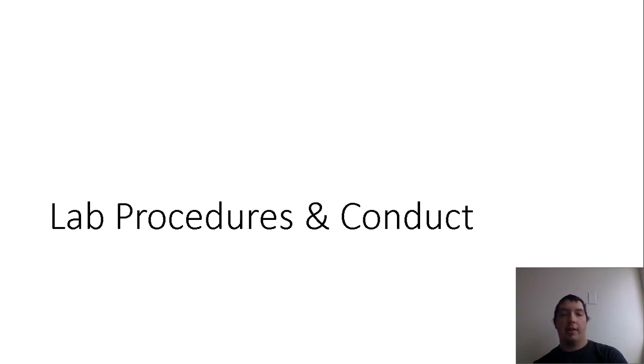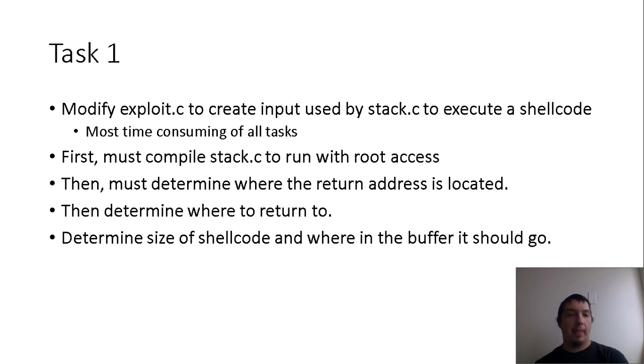And so for each task, we were to write exploit.c in such a way that it would call a shellcode using buffer overflow. Task 1 is the most time-consuming of all tasks, because not only do we have to modify exploit.c, we also have to initially compile stack.c to run with root access.